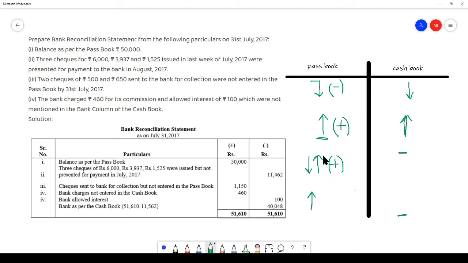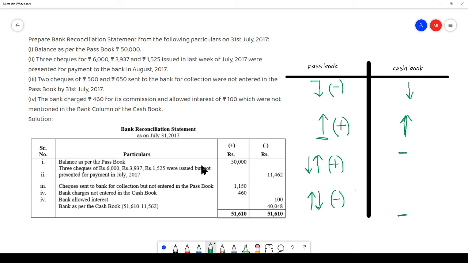So I'm going to move my passbook balance towards the direction of my cash book, and in order to reach my cash book balance from my passbook, I need to move down. So moving down is deducting. So now I'm going to deduct this 100 rupees from my balance as per passbook. So here goes my solution: bank allowed interest, and in the minus column I have written rupees 100.